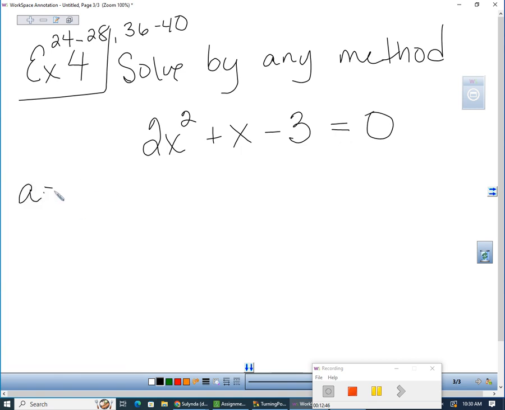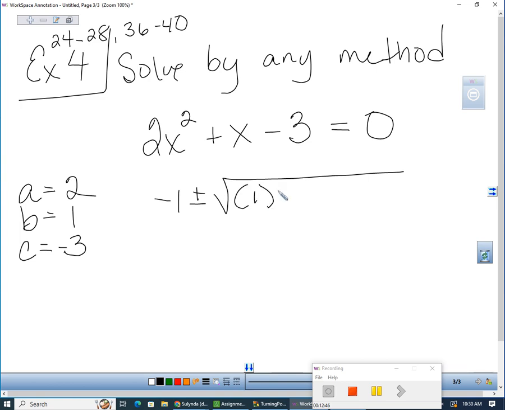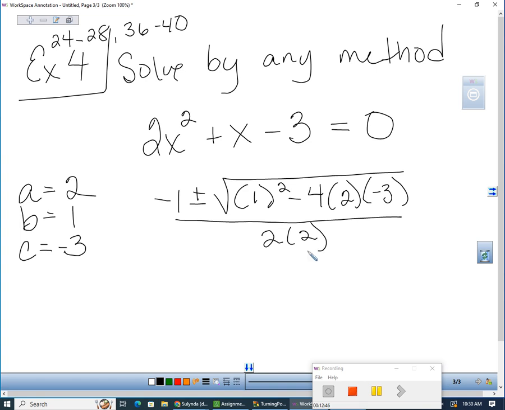So we have a equals 2, b equals 1, and c equals negative 3. So I have negative b, so negative 1 plus and minus the square root of b squared minus 4 times a times c, all over 2a. Underneath that square root, I have 1 plus 24, or 25. So I have negative 1 plus and minus 5 over 4.